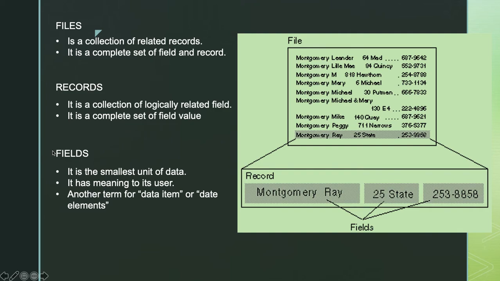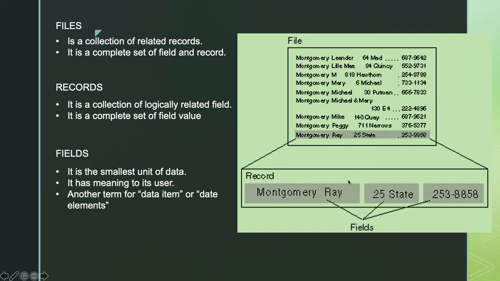Okay? So, next is what is fields? It is our smallest unit of data. So, bawat isang cell, kumbaga sa Excel parang cell, it is also called fields. Okay?